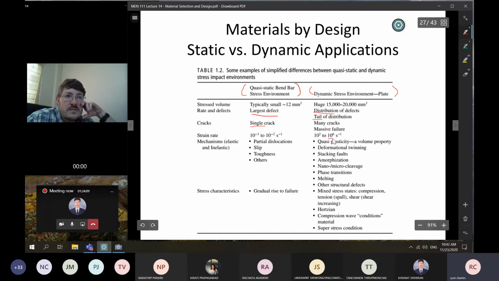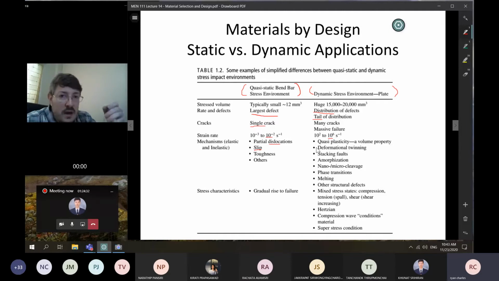Strain rates, 10 to the 6th here, versus 10 to the -2, quasi-static. Strain rates are enormously different. How are things failing? Okay, you get dislocation movement, grain boundary slip, stuff like that. What happens dynamically?